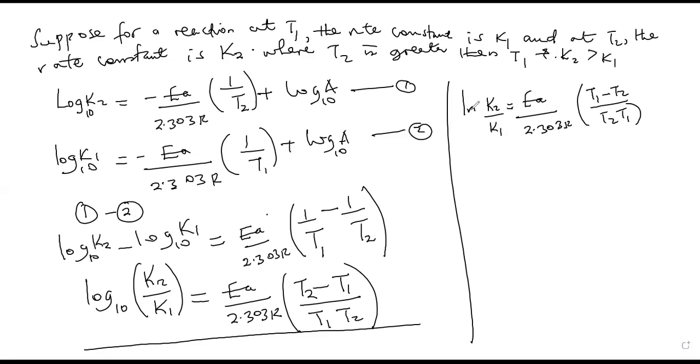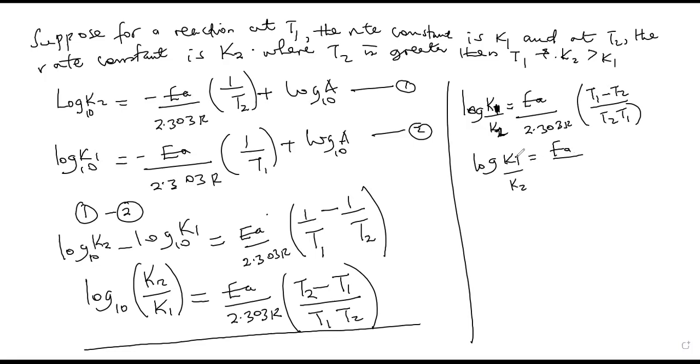One can use ln, one can use log, or one can say log K1 over K2 is equal to EA. Here, if it is to be T1 minus T2, then this one has to be log K1 over K2, so that you have T1 minus T2.